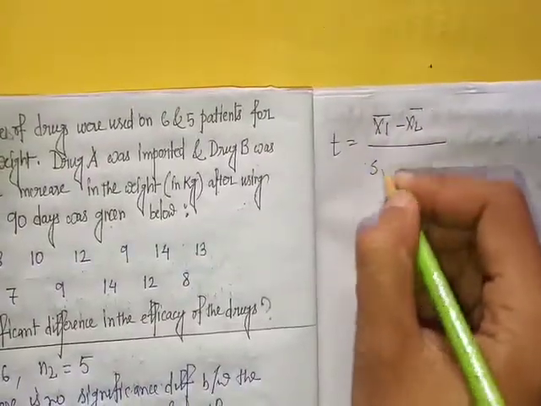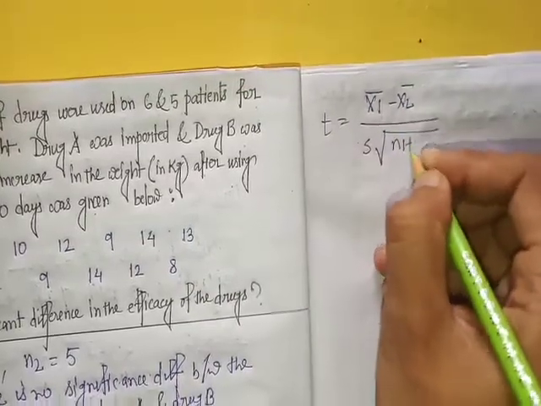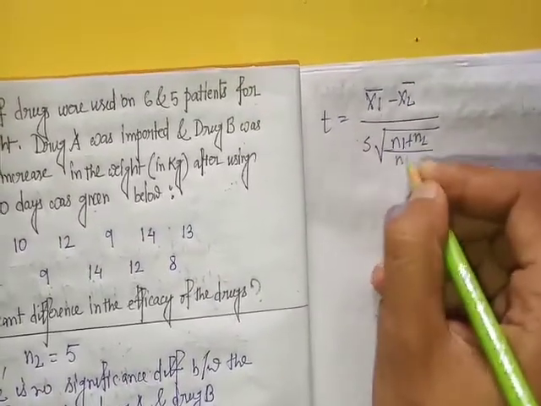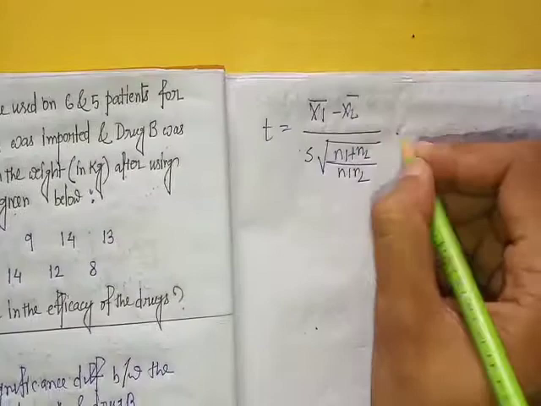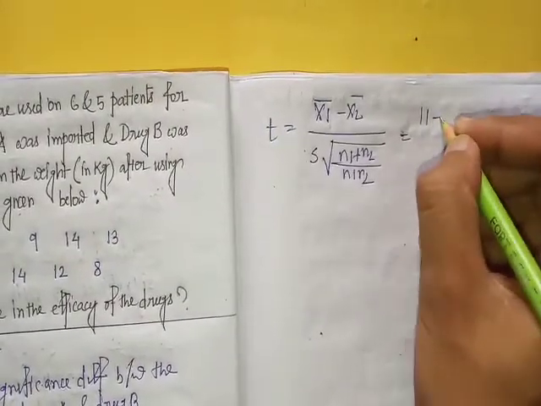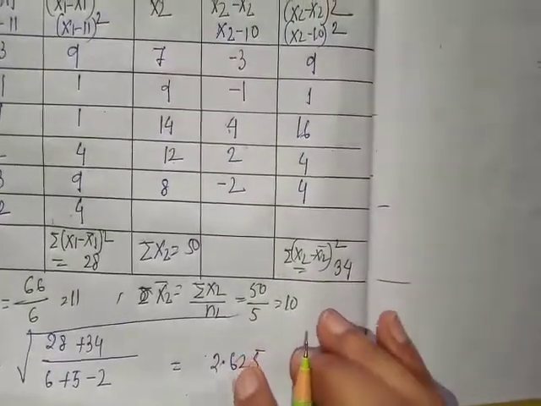The value of x1 bar is 11, x2 bar is 10 and s is 2.625.